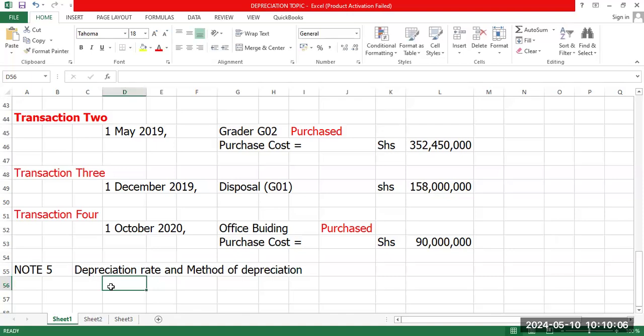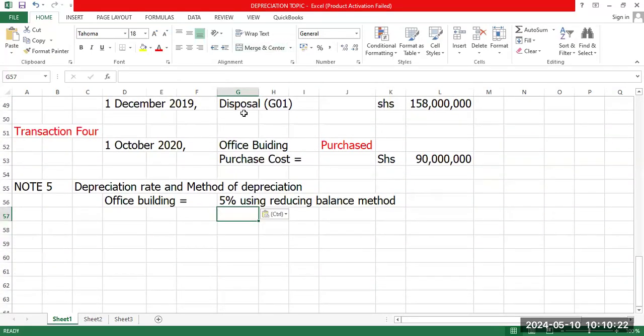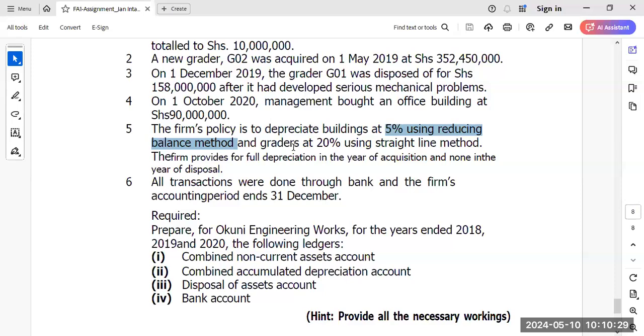For the office building, they are telling us that we have to use this. Perfect. Then next, graders at 20% using the straight line basis. Okay.